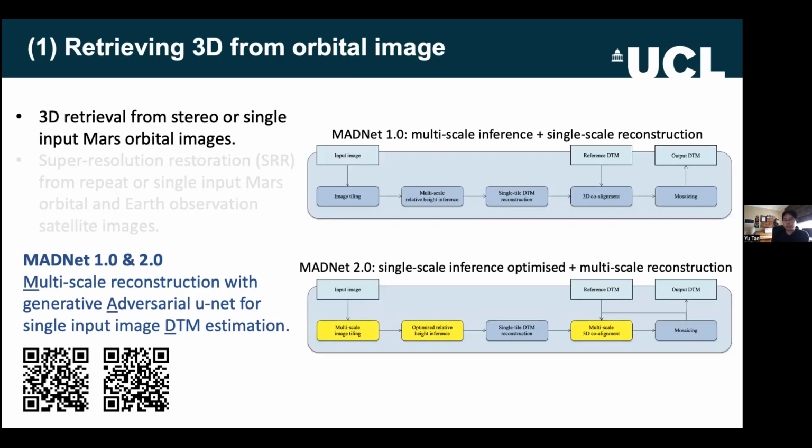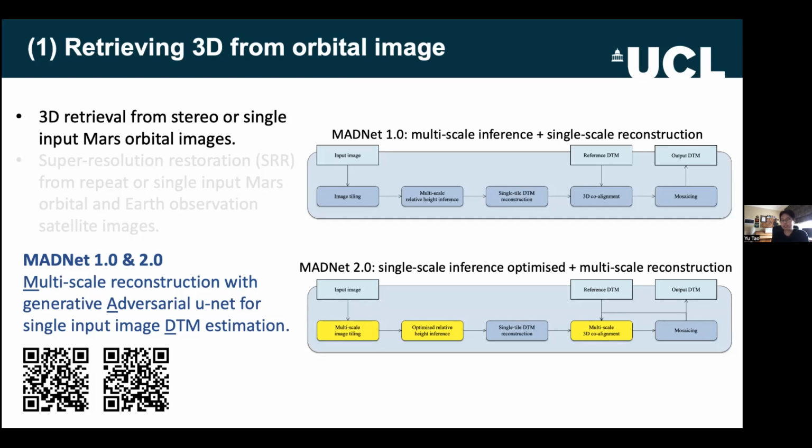And regarding the overall processing chain, we need to spatially tile an image to fit the size of the input of the pre-trained model. And we need to do multi-scale reconstruction in order to predict both the large-scale and fine-scale topography. And also we need to use a reference low resolution DTM like MOLA to rescale the predicted relative heights into absolute height values.